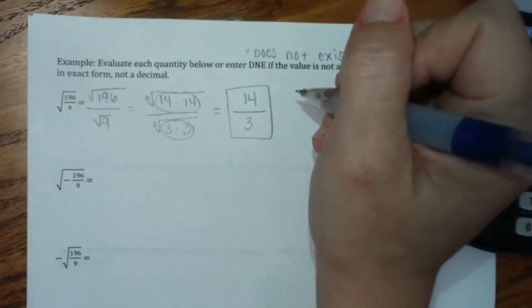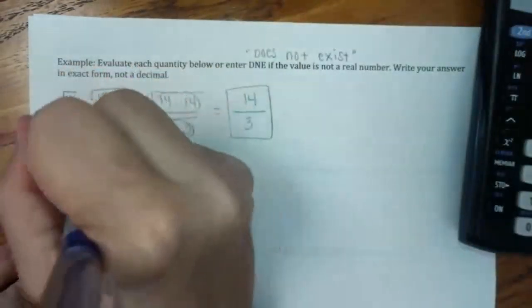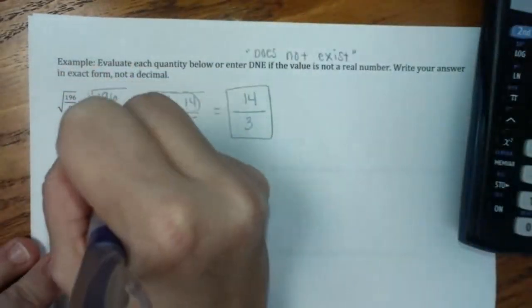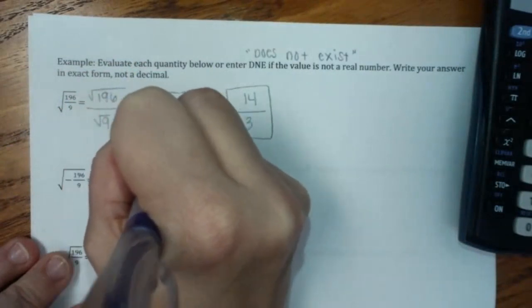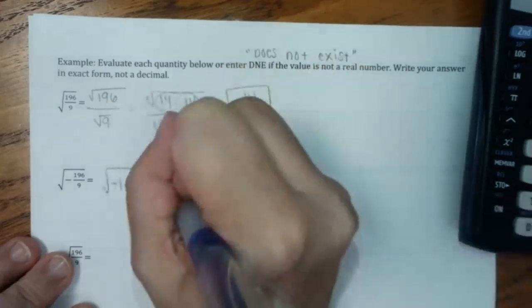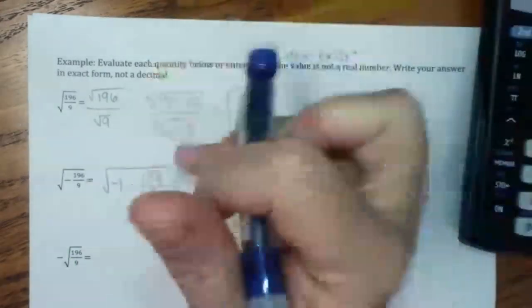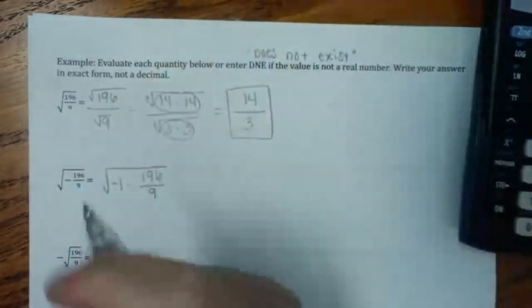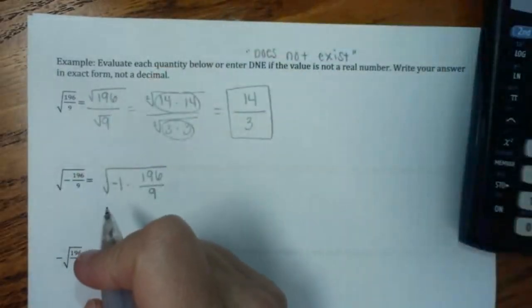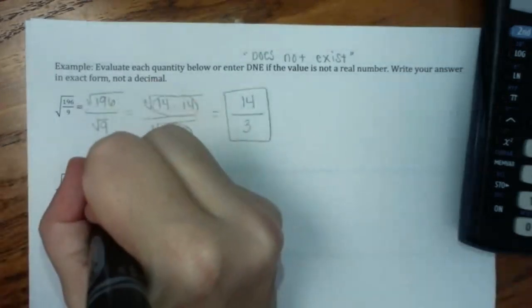Next, I have the square root of negative 196 divided by 9. So a couple things. I have the square root of negative 1 times 196 divided by 9. Now I can split this whole thing up. Well, before we even do that, I can see that I have the square root of a negative. We're going to talk about this in a second, but whenever you have the square root of a negative, it's going to be imaginary.